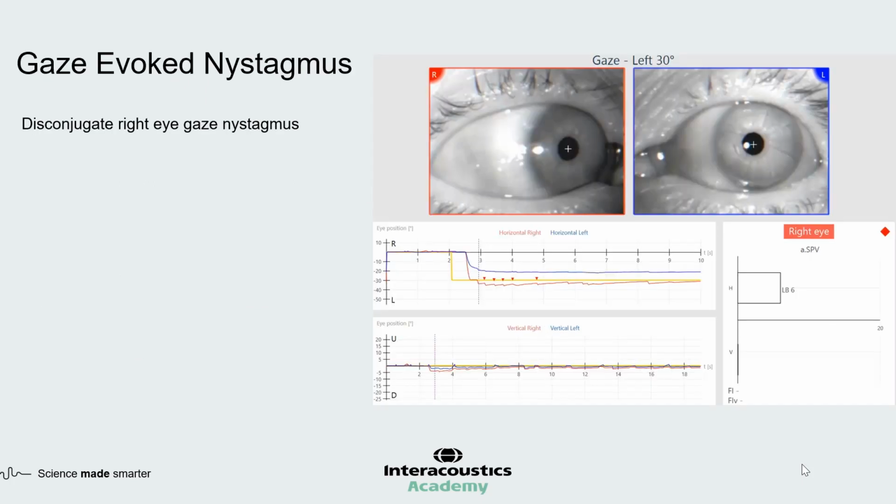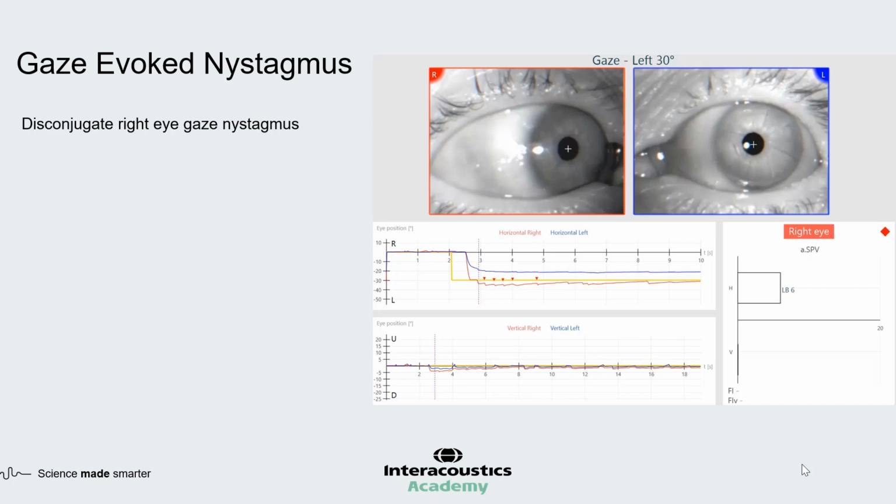The rest of the VNG was unremarkable with the exception of the gaze test. So we see something very interesting here also. We can see in his gaze test that there is some nystagmus present, and it's significant at 6 degrees. So we see 6 degrees of left beating nystagmus in the right eye when he gazes to the left, right?